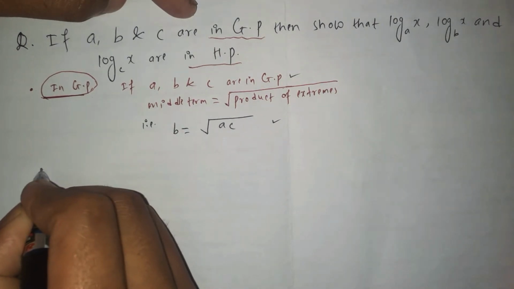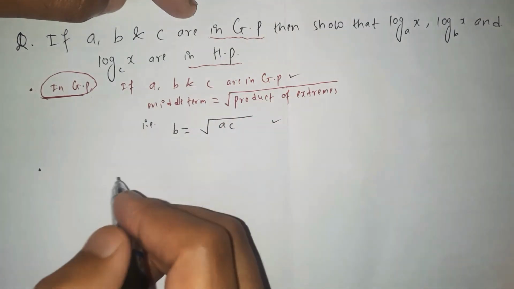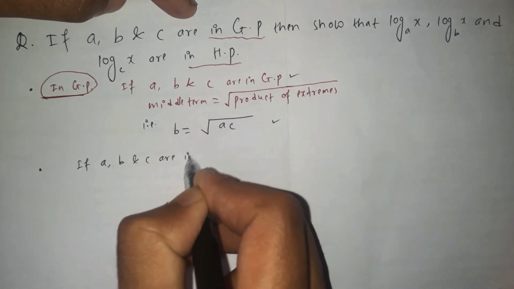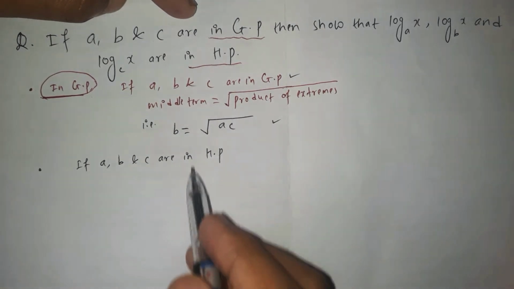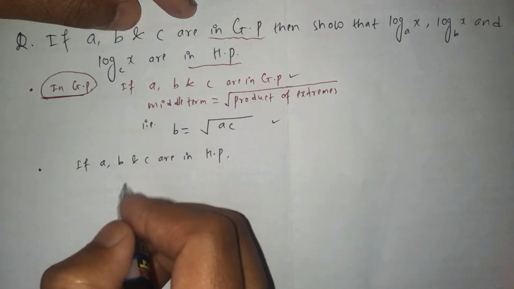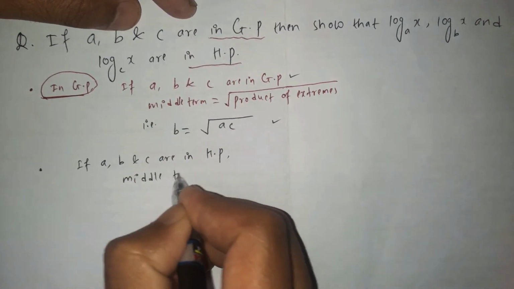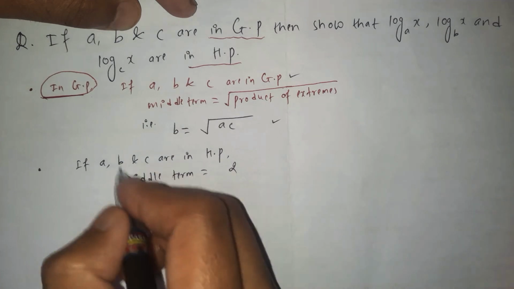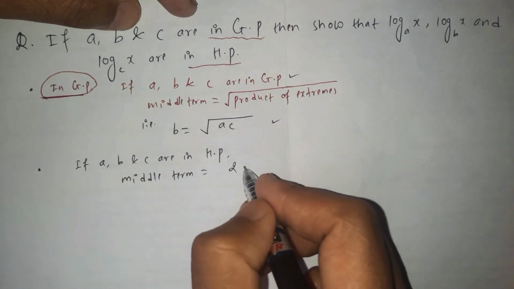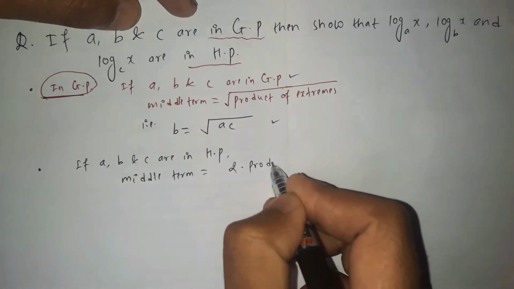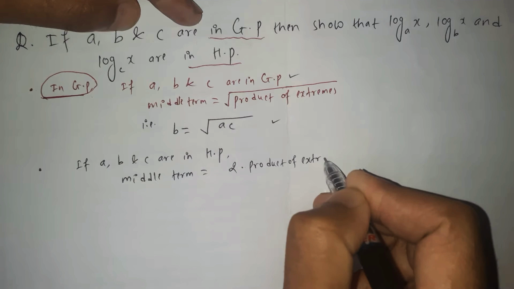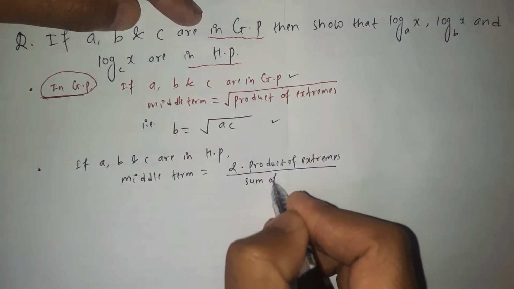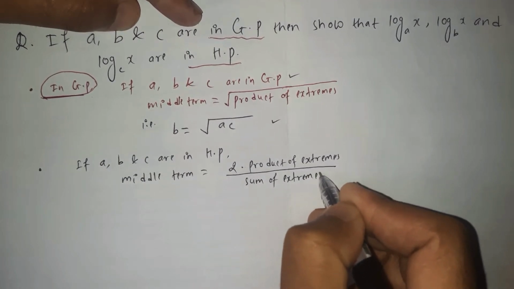Similarly, the second point to be noticed: in case of harmonic progression, if the numbers A, B, and C are in harmonic progression, then the value of the middle term will be 2 times the product of the extremes, divided by the sum of the extremes.